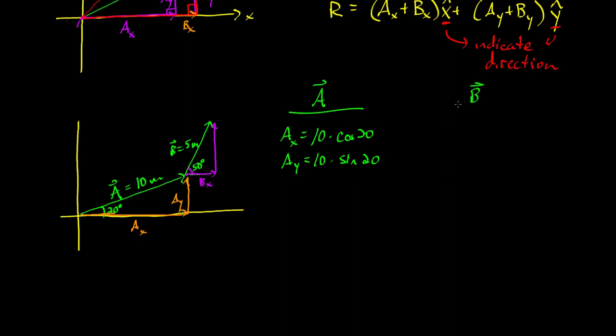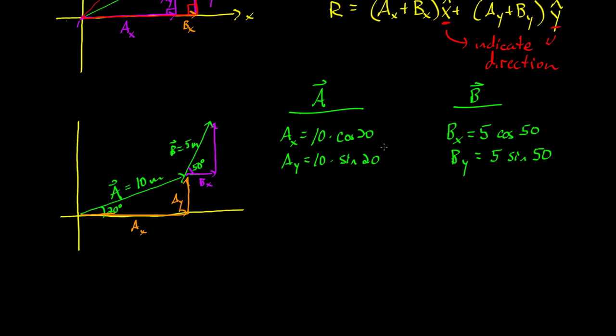For the B vector, Bx is going to be the magnitude 5 times cosine, because it's next to the angle again. So we would get 5 cosine 50, and By equals 5 sine 50. And that's from trig.